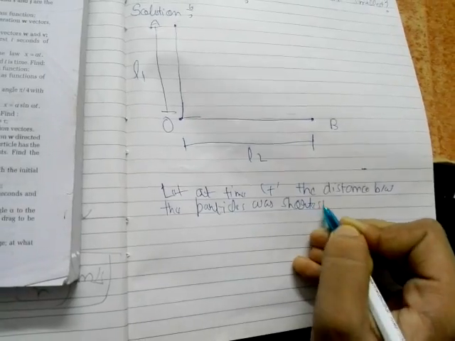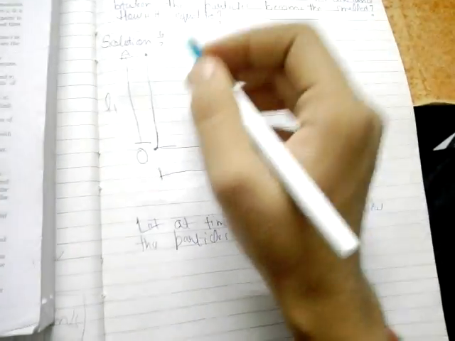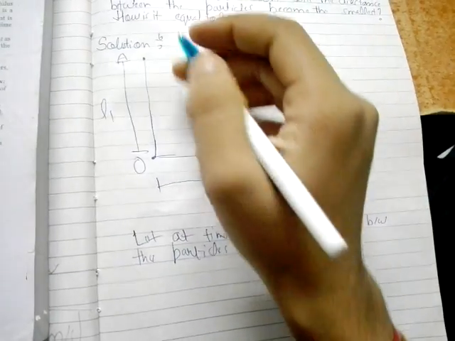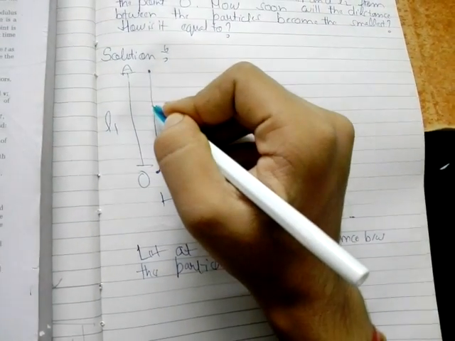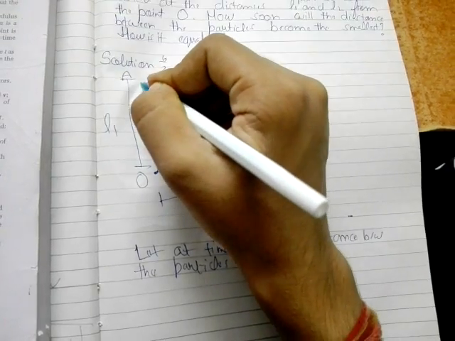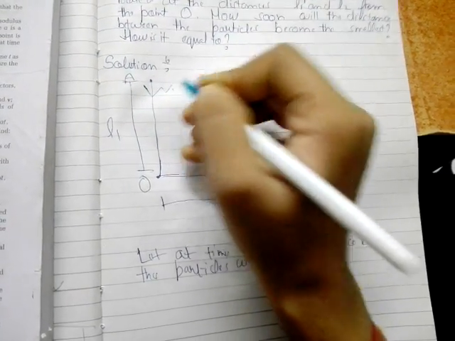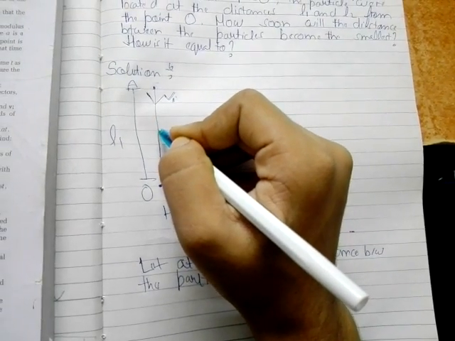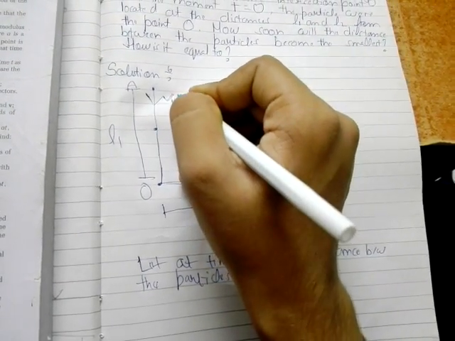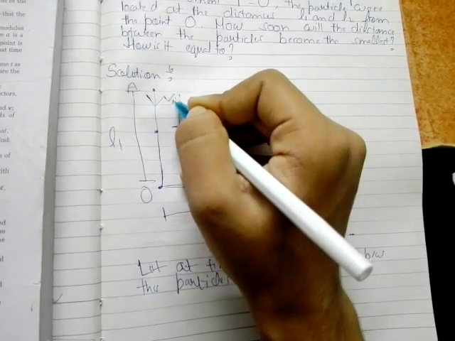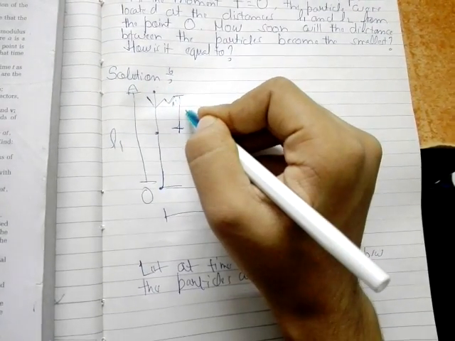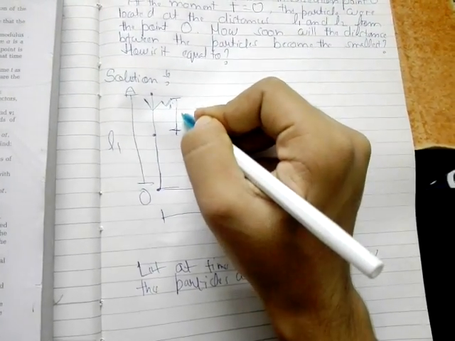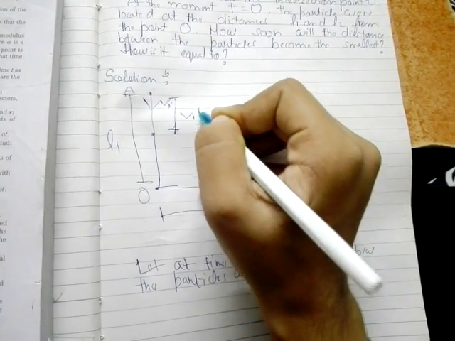So after t seconds, what will be the distance covered by particle A? If it is moving here with a velocity v1, then after t seconds it will come over here, and as the velocity is uniform and it takes time t to reach here, this distance would be simply equal to v1t.